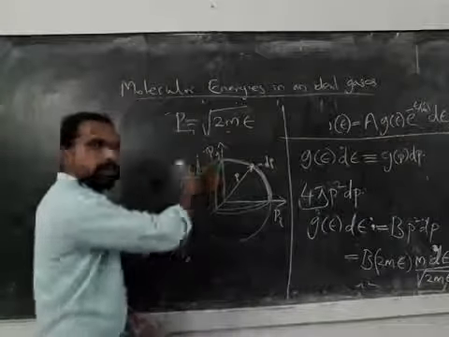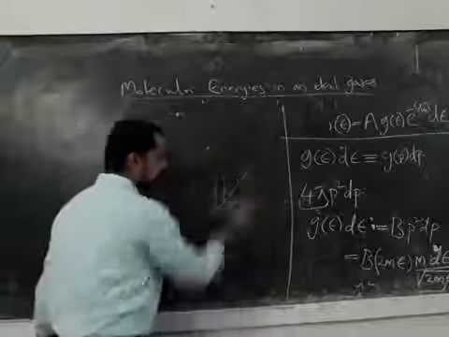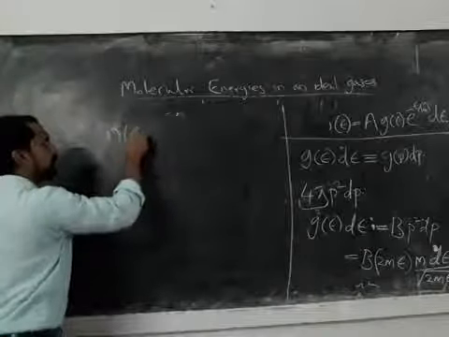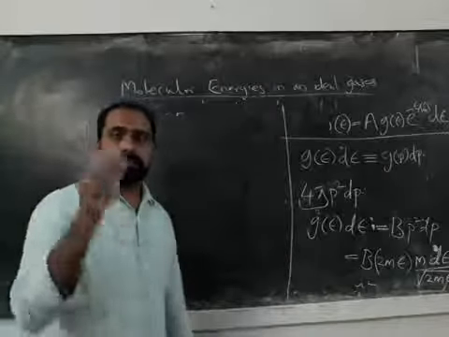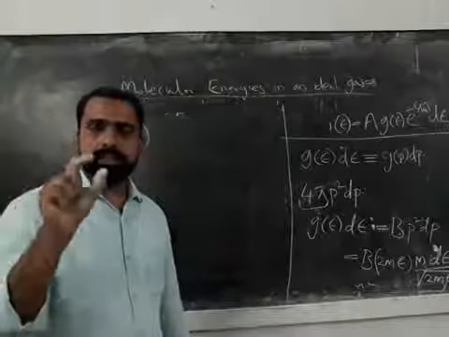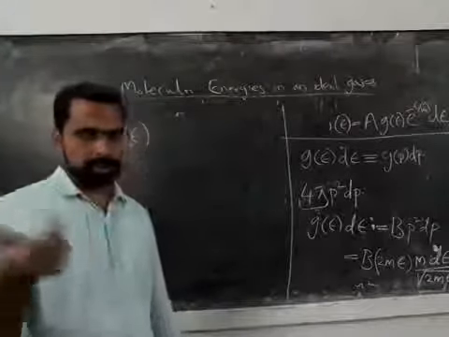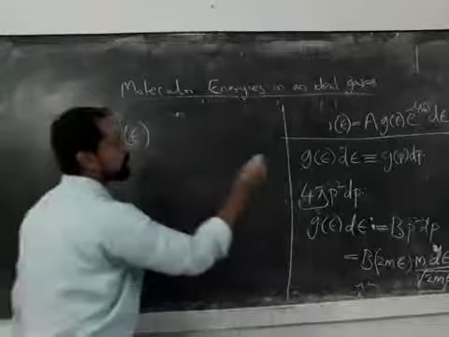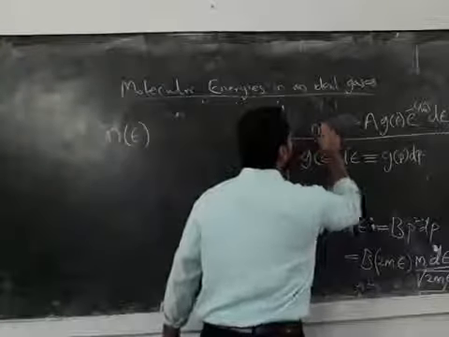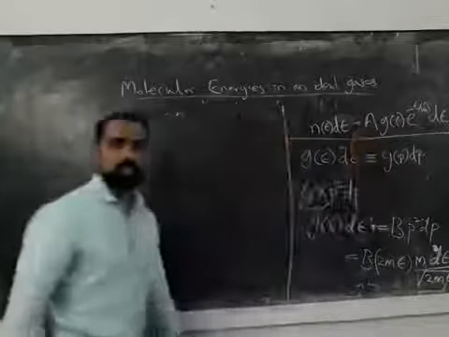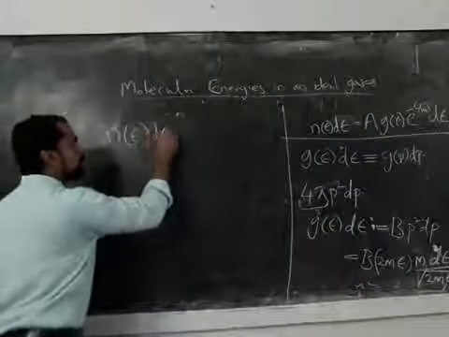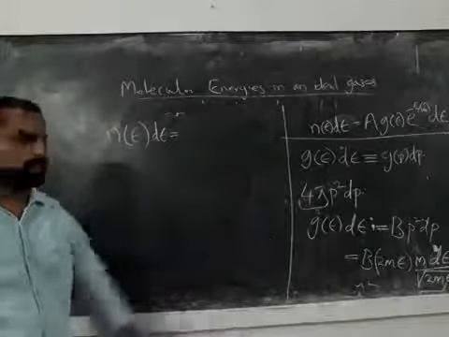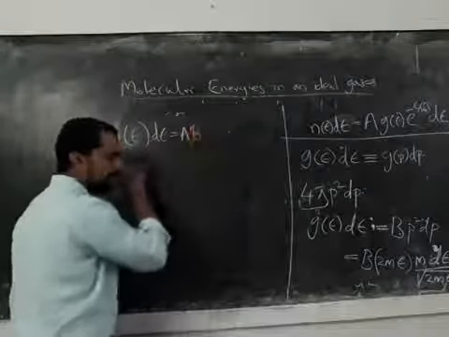So I am just writing n of epsilon, the number of particles having energies between epsilon and epsilon plus d epsilon. n of epsilon d epsilon is equal to, you already have one constant a and the constant b, so I am writing the constants separately.